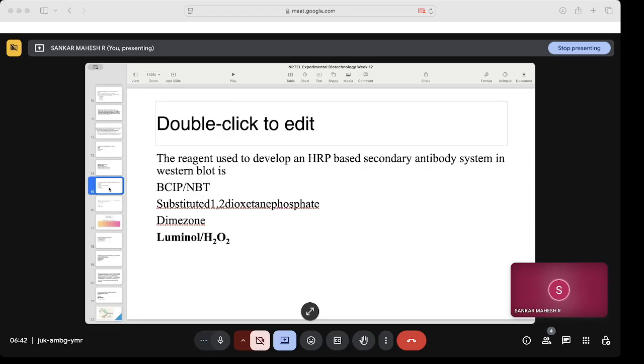The reagent used to develop an HRP-based secondary antibody system in a Western blot is dash. Before we go to the right answer, if you know what HRP is, let me know.